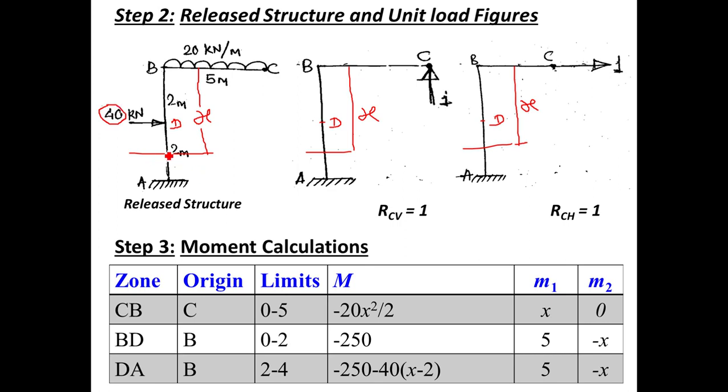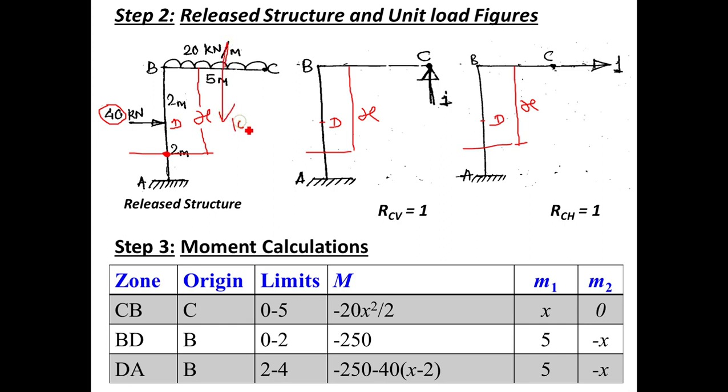Since we are taking this section in a vertical column, the forces which are horizontal, that is 40 kilonewton, the moment of this force will be in terms of x. But the moment of the UDL will not be in terms of x, it will be a directly numerical value. So 20 into 5 span, that is 100 kilonewton, acting vertically downward.